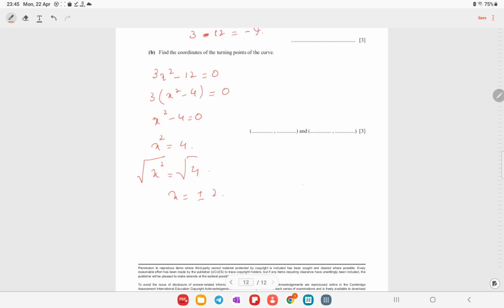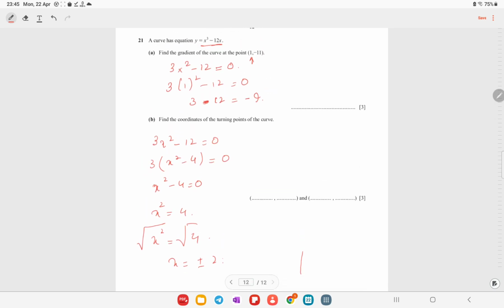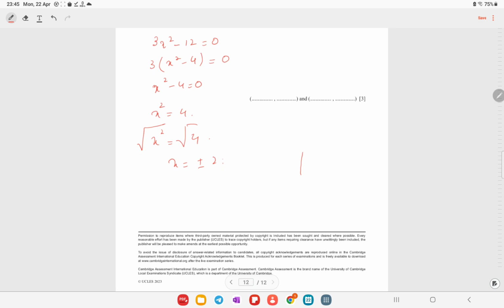Now you put these values back into the equation y equals x cubed minus 12x.